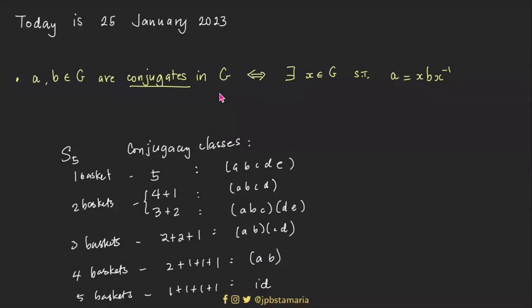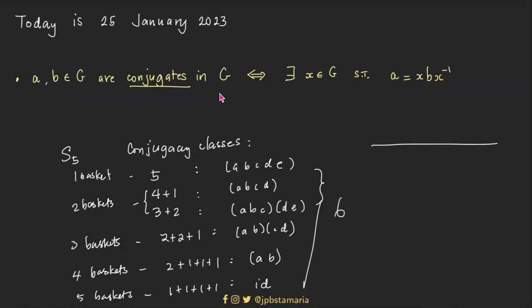So these are the only permutations in S of 5. 120 sila lahat. Classify natin. We were able to classify them in terms of conjugacy classes. So how many conjugacy classes did we make? We have 6 classes.